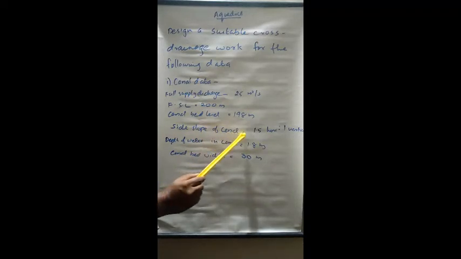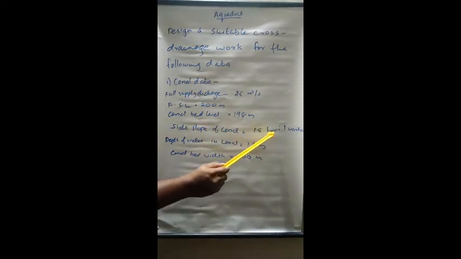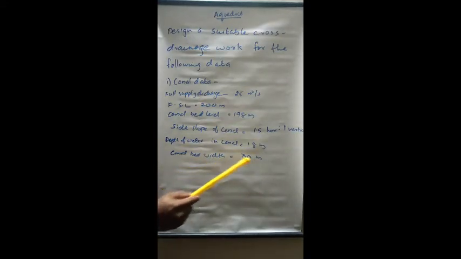Side slope of the canal is equal to 1.5 horizontal to 1 vertical. Depth of water in the canal is equal to 1.8 meter. Canal bed width is equal to 30 meter. So these are the data given about the canal.